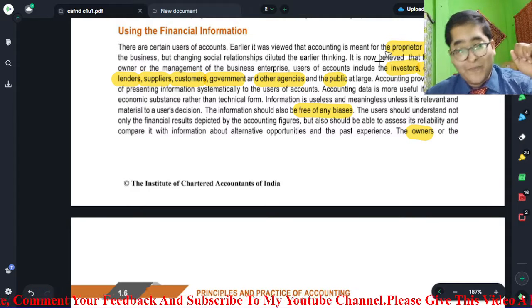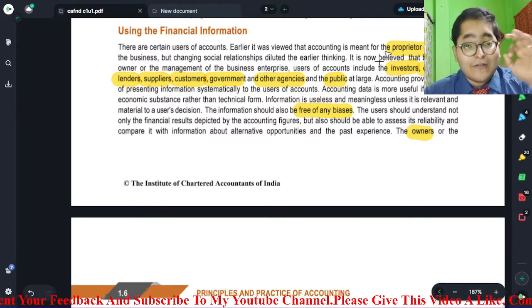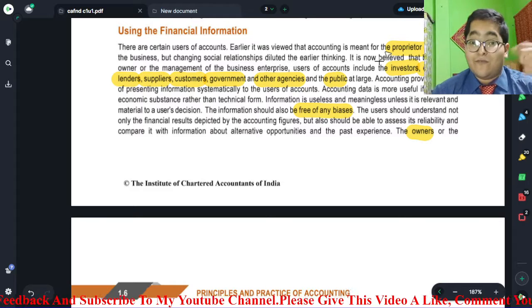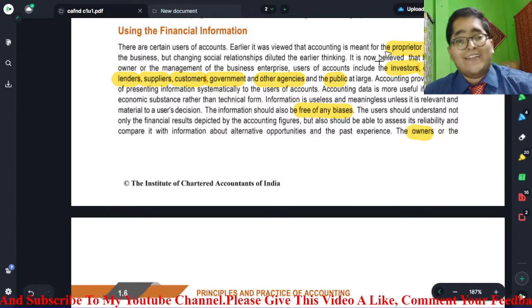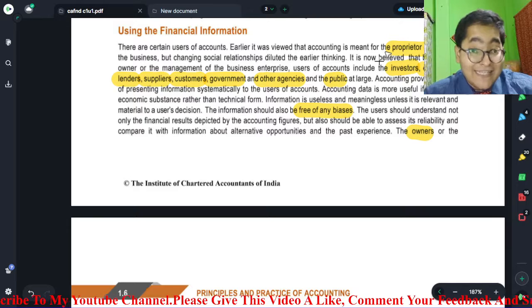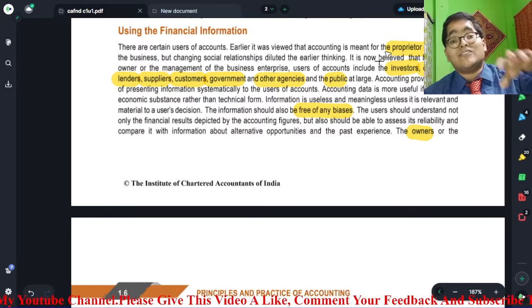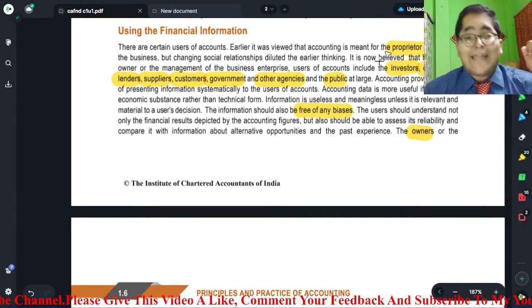Then the government also needs to use the financial information. Why? For taxes, right? The government sees the business's financial information to impose the taxes.